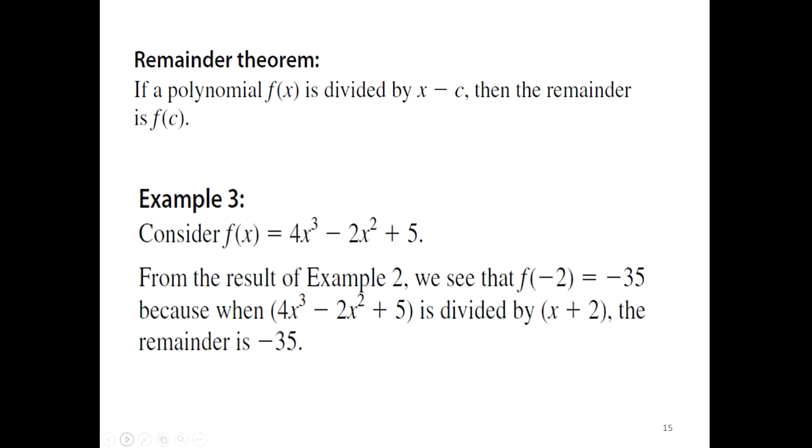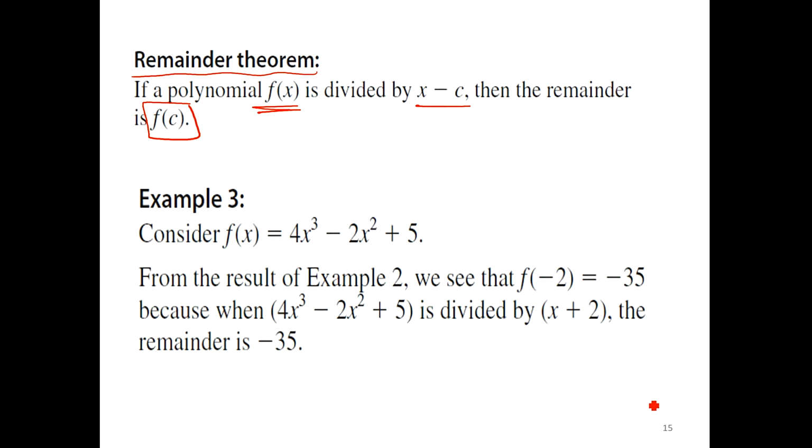Now, we have another theorem, the remainder theorem. If we have a polynomial f of x divided by x minus c, then we can find the remainder directly by substituting f of c.